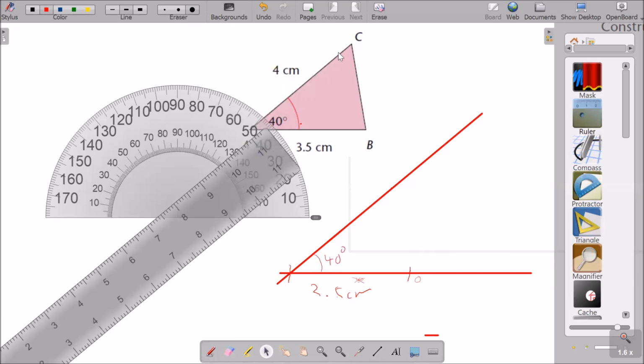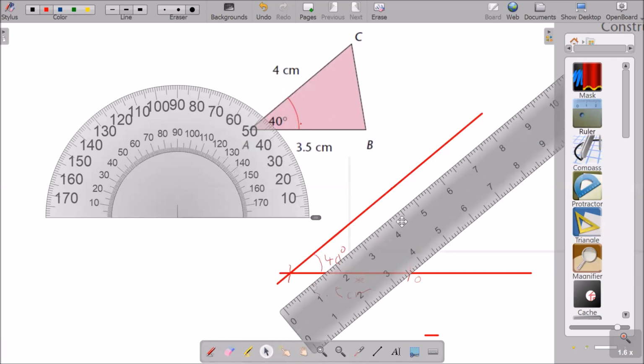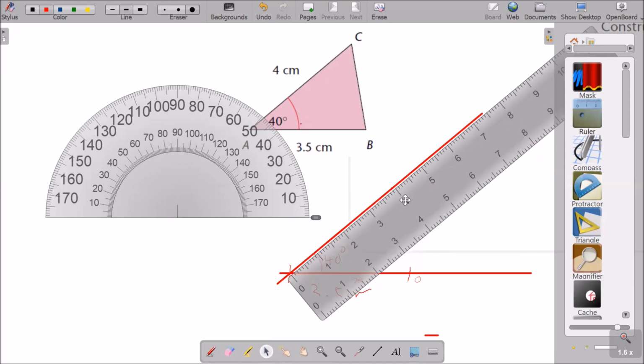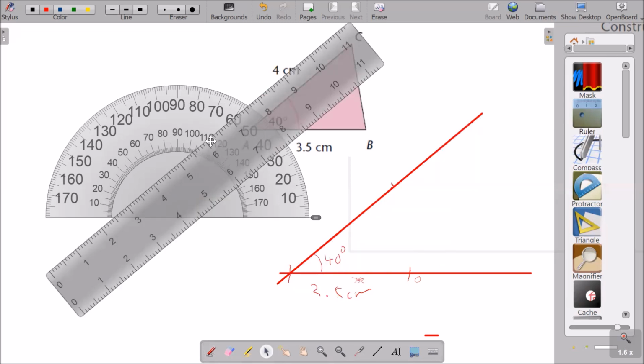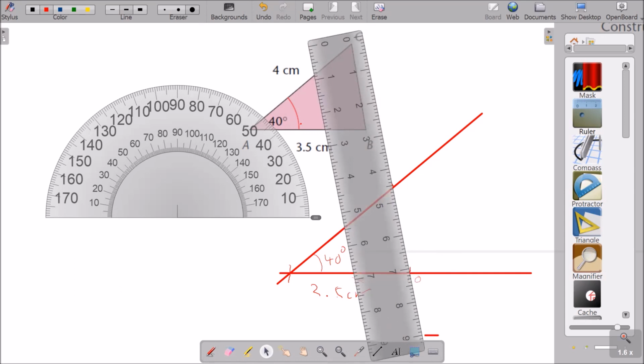What I need is to measure 4 centimeters. Take my ruler, the 0 should be there where the lines meet, and measure off 4 centimeters here. Now I can use my ruler to join these 2 points, the 3.5 and the 4 centimeter mark. Now my ruler is in line.